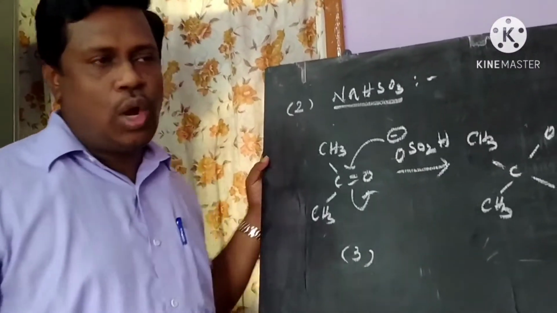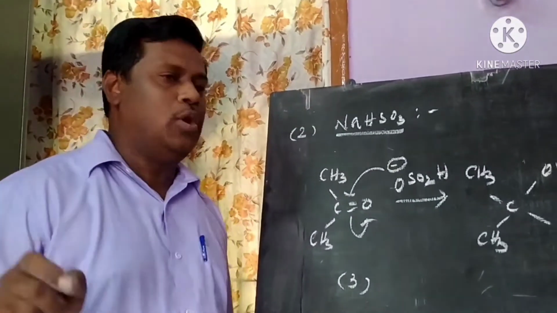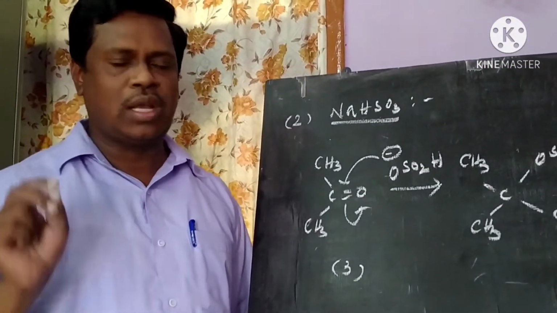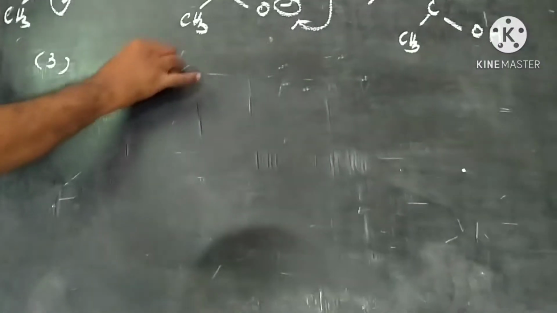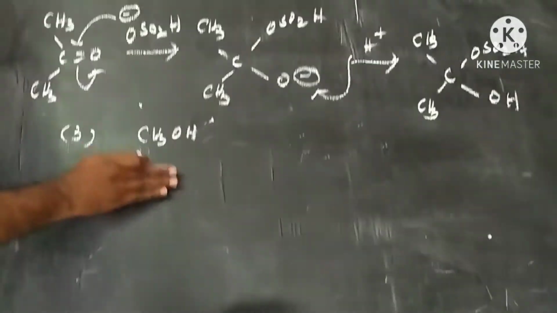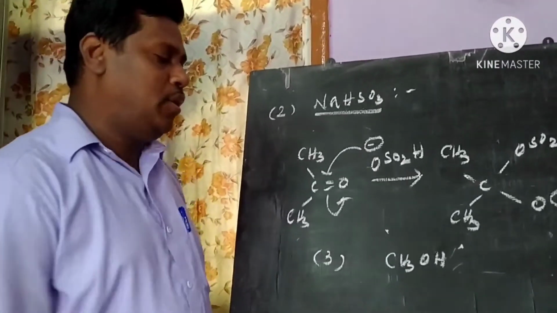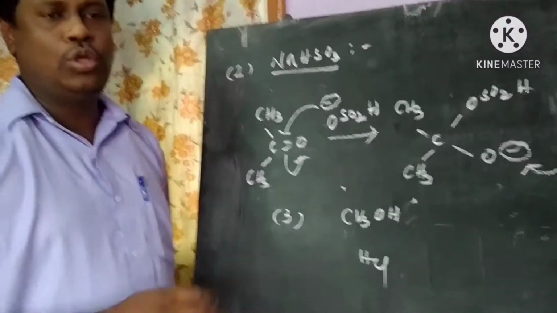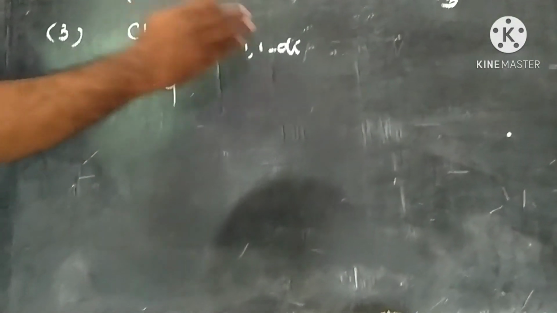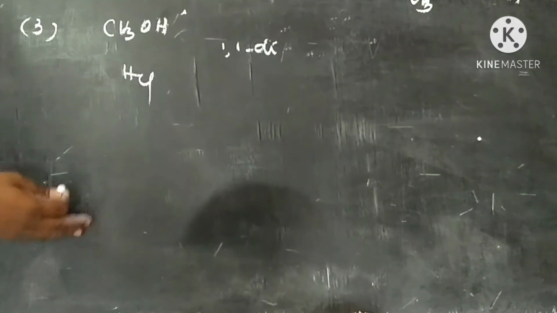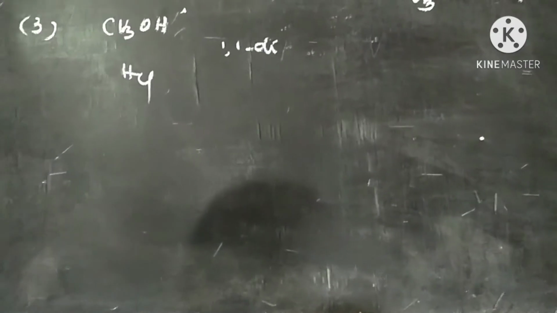Example, when acetaldehyde is treated with 2 moles of methanol, methanol formula CH3OH or methyl alcohol, in the presence of hydrochloric acid, HCl, 1,1-dimethoxyethane is obtained.